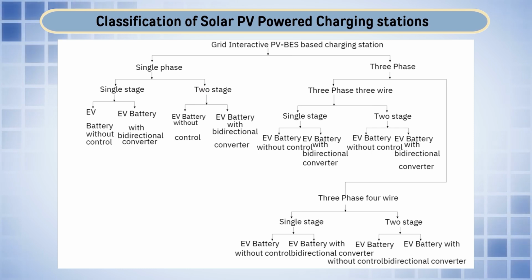So, this 3 phase 4 wire charging station is very famous and it can mitigate the problem of neutral current. Otherwise, if we put just a neutral conductor, I square R losses will be significant. To reduce these I square R losses, we have to minimize the neutral current. So, this 3 phase 4 wire topology is very popular.